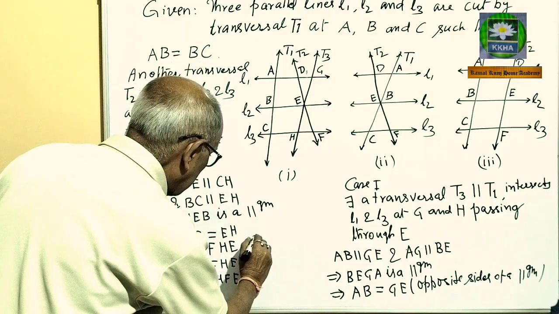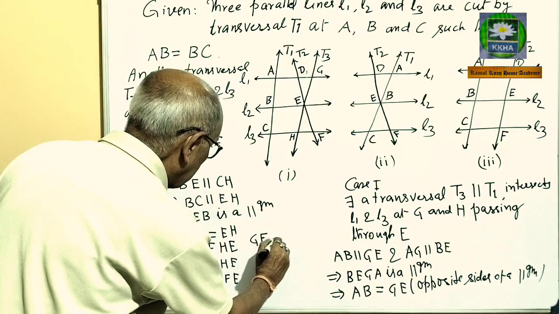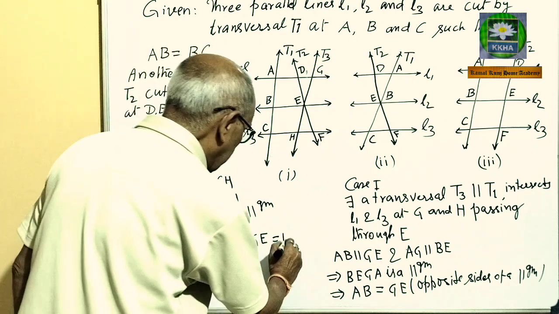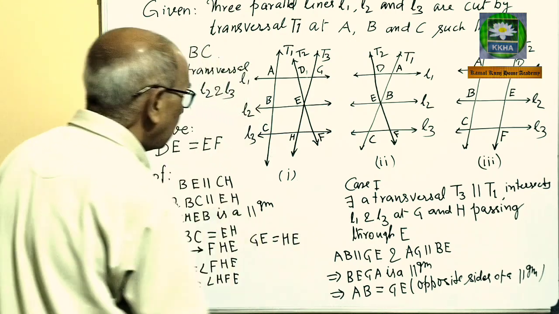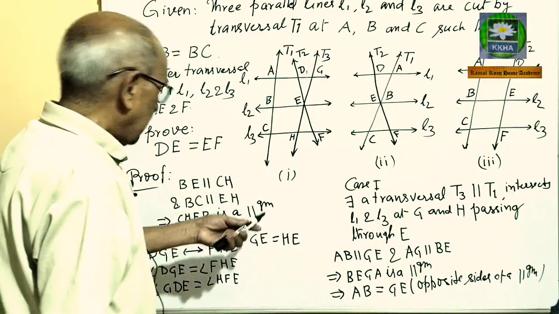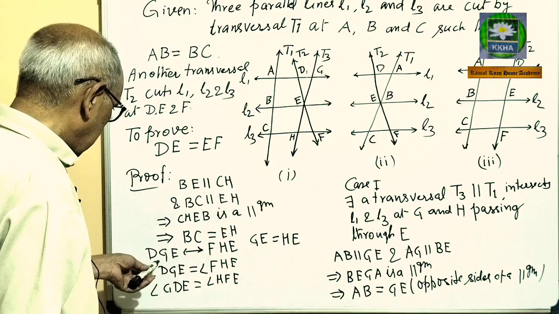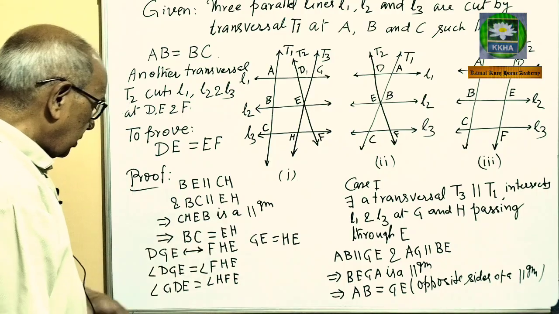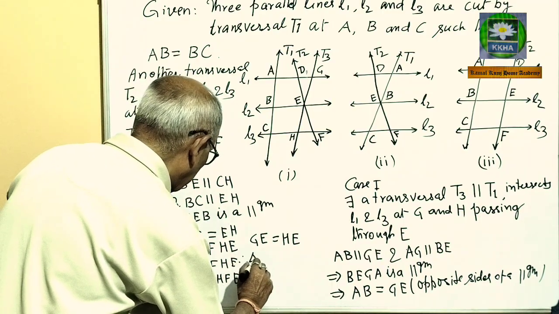We have GE equal to HE. Therefore, triangles DGE and FHE are congruent.